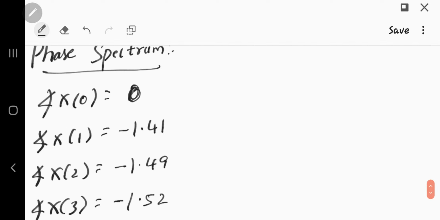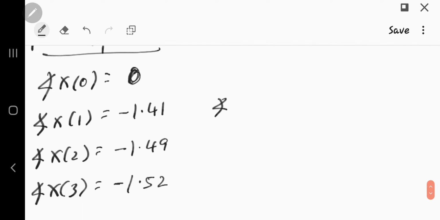So these values I'm giving you for your verification. Try this as we did in the last two problems and try to get the answer. Verify whether you are getting the same or nearby values, which is also fine.